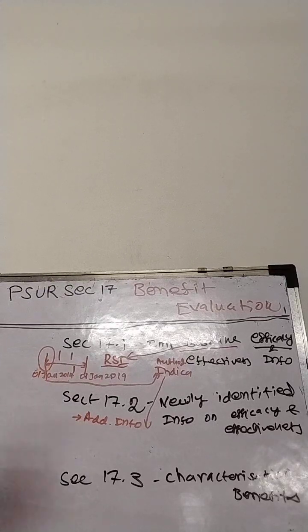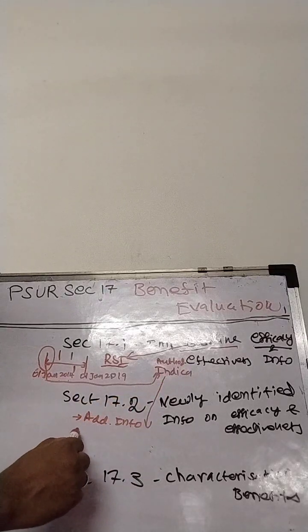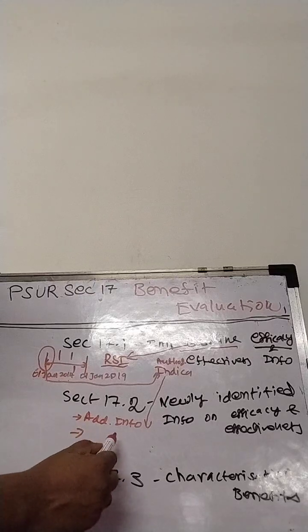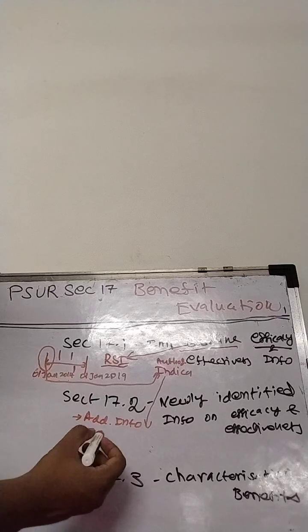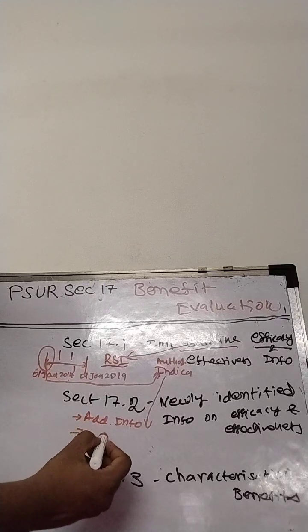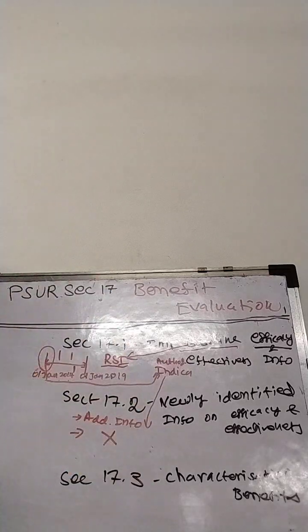Apart from authorized indications, no other indications are authorized. For example, if you receive any new information apart from these authorized indications, this is not allowed. That is a thumb rule.